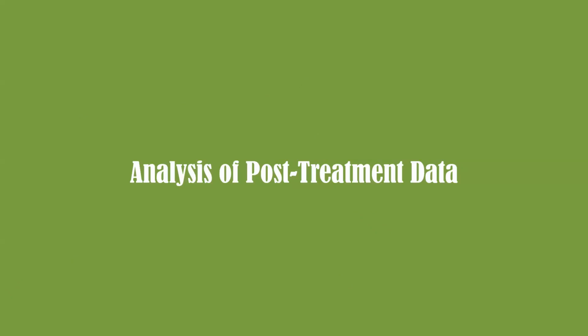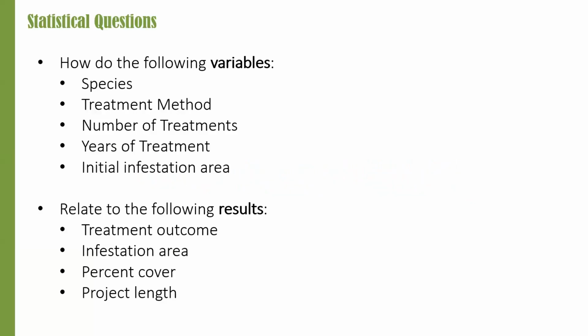So we've talked about standardizing things and visualizing them, but we also want to figure out what we can learn from the data itself. There are lots and lots of questions we can ask with the post-treatment data that is available to us.